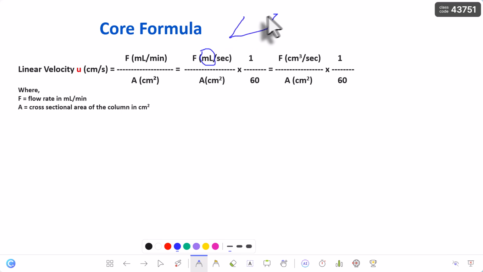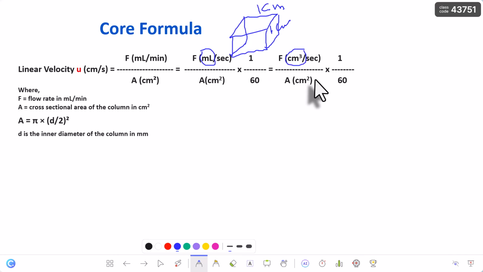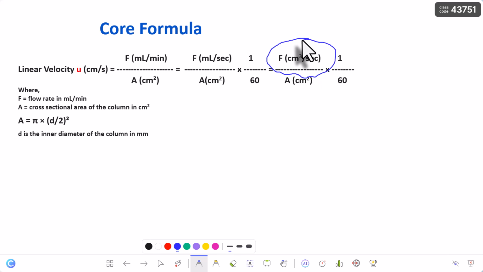We all know that 1 ml is nothing but 1 centimeter cube, a cube-like structure where the length of each side is 1 centimeter. So 1 ml can be expressed as a centimeter cube. Now there is an intention behind this expression. Let us now understand the calculation of A first, and then I will explain why this conversion matters.